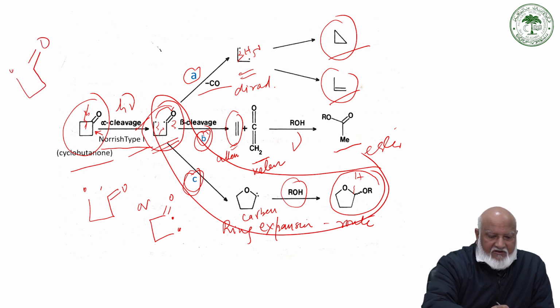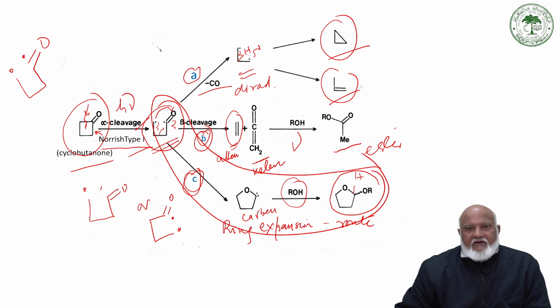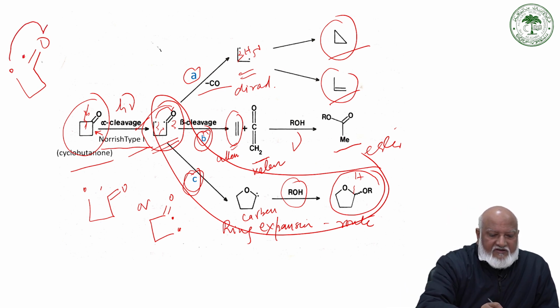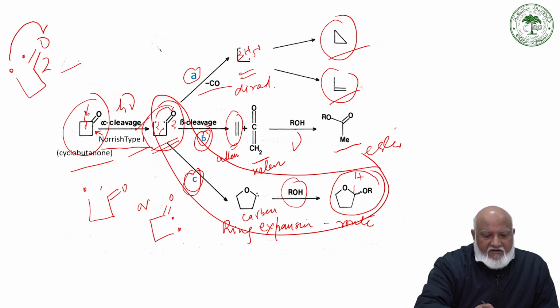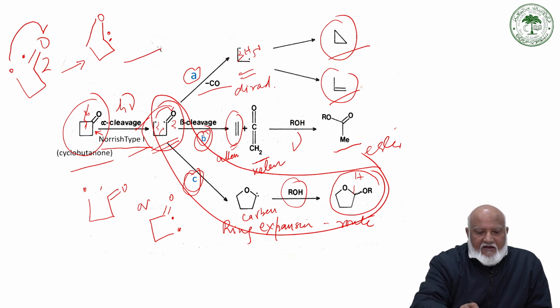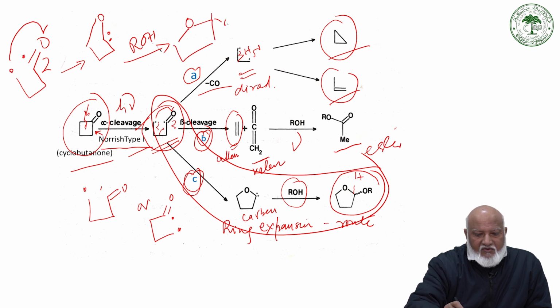This is the diradical. After alpha bond cleavage, this radical attacks on this carbon, followed by shifting of the double bond. This is the carbene intermediate, and then this, in the presence of alcoholic solvent, can give rise to HOR.